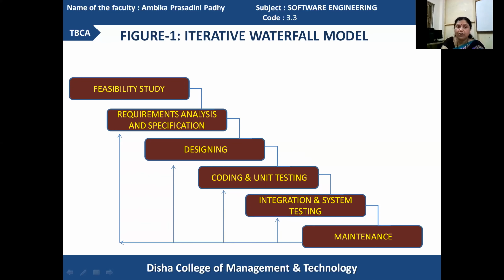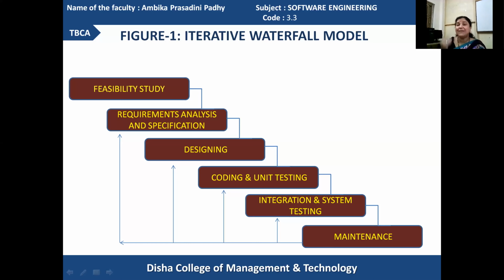Got it? When requirement analysis and specification is executed, it takes information from the feasibility study. When the specification document is prepared, it will start the designing process. Then it will go for coding and unit testing, then integration and system testing.